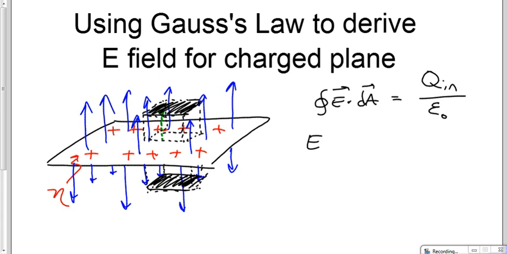So if we call this area A, we actually have 2A for the total area being pierced, top and bottom. Now what do we have on the other side? We've got to look at how much charge was actually enclosed when we drew that Gaussian shape. Remember I mentioned that this eta is the charge density on the sheet.